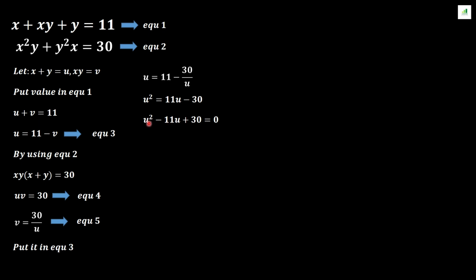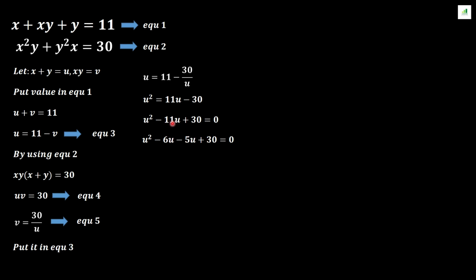After factorizing this equation we will get u square minus 6u minus 5u plus 30 equal to 0. The u square and the positive 30 are the same as before, but the 11u breaks into minus 6u minus 5u, because 6 times 5 is 30, and minus 6 and minus 5 will be equal to minus 11.